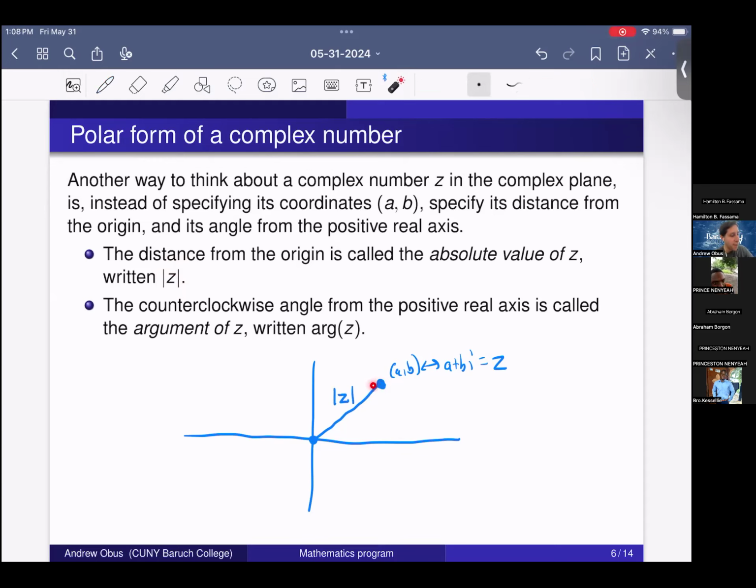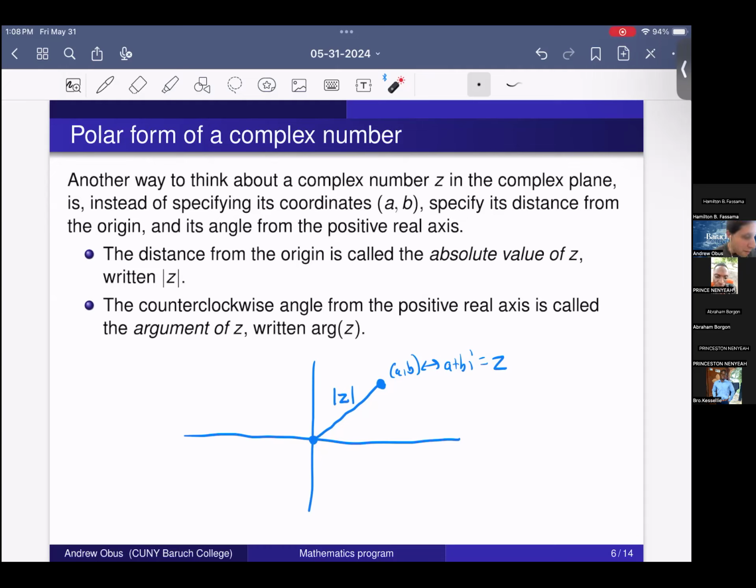And that's going to be the length of this line segment from the origin to the complex number. If you think about this, this is the same definition as absolute value for real numbers. What's the absolute value of a real number? It's its distance from 0, right? If I have the real number 3, it's 3 away from 0. If I have the real number minus 3, it's also 3 away from 0, right? So for real numbers, you can think of absolute value as being the distance from 0.